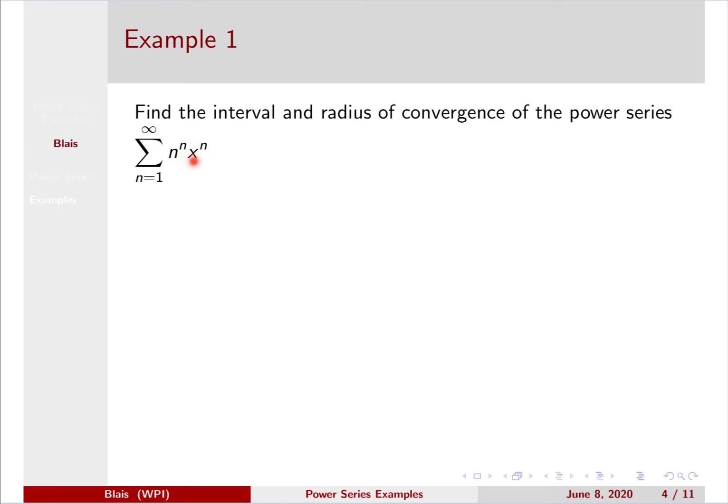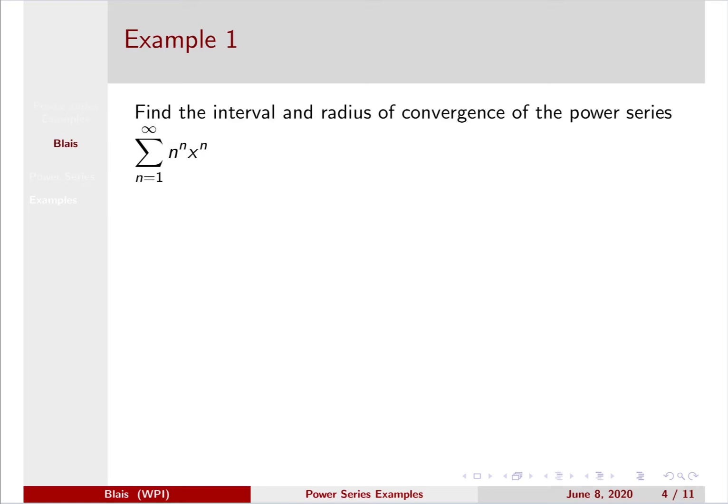The problem is, no matter what x value we put here, n to the n will go to infinity much more quickly than x to the n will go to 0. The result is that n to the n wins dramatically for any x, except the case when x is 0. So we should expect this power series to only converge at x equals 0.